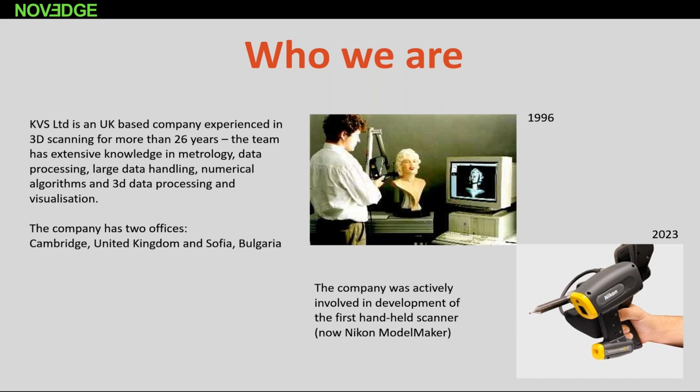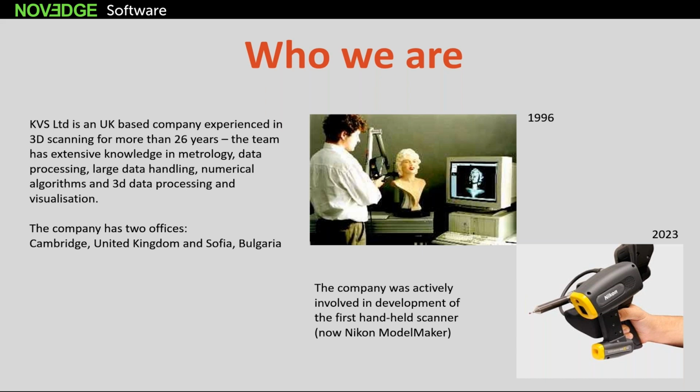We created the first handheld scanner. That's an old picture, as you see on the screen, back in 1996. We have a lot of experience in processing scan data, and this scanner is known as Nikon Model Maker. We participated actively to handle a large number of points, working on accuracy.